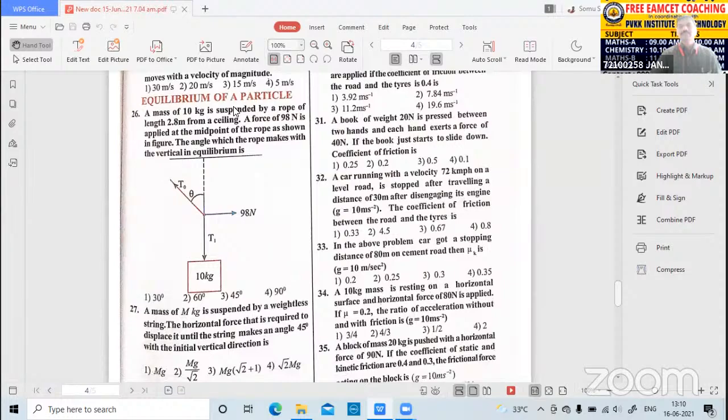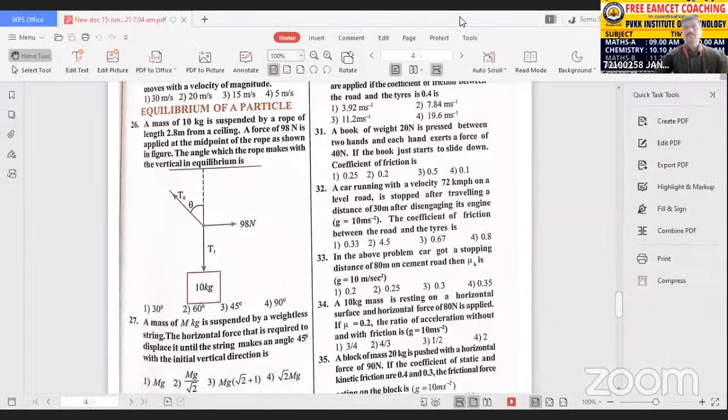Okay, so draw the diagram. Problem number 26.